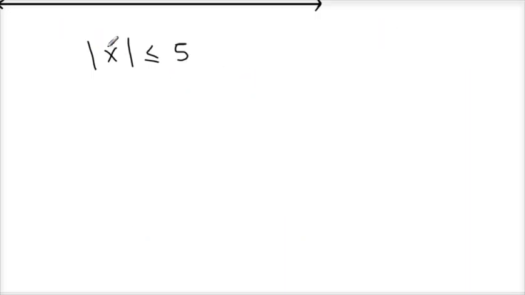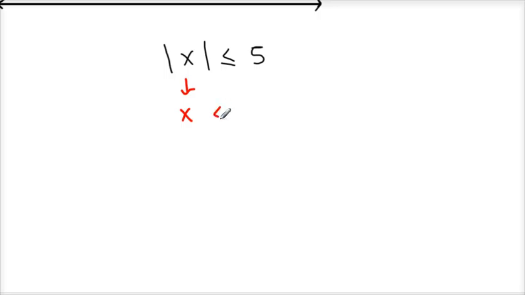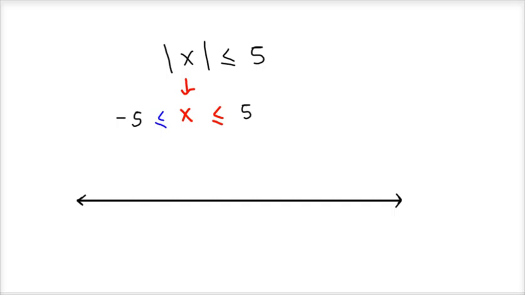Same example: the absolute value of x is less than or equal to 5. I'm going to drop my x. I'm going to write my sign here and keep it in the same direction. And I'm going to bring my 5 down and my negative 5 on the opposite end. So now when I graph this, I have negative 5 and 5.